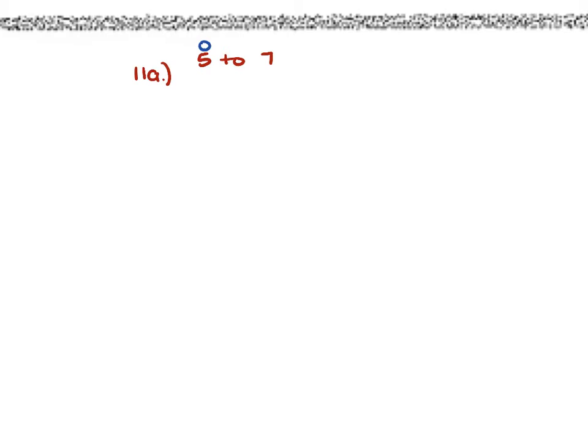So we're going to do new minus original, so 7 minus 5 over the original, which is 5. So that's 2 over 5, which in turn is 0.40. If we move the decimal point, that's 40%.